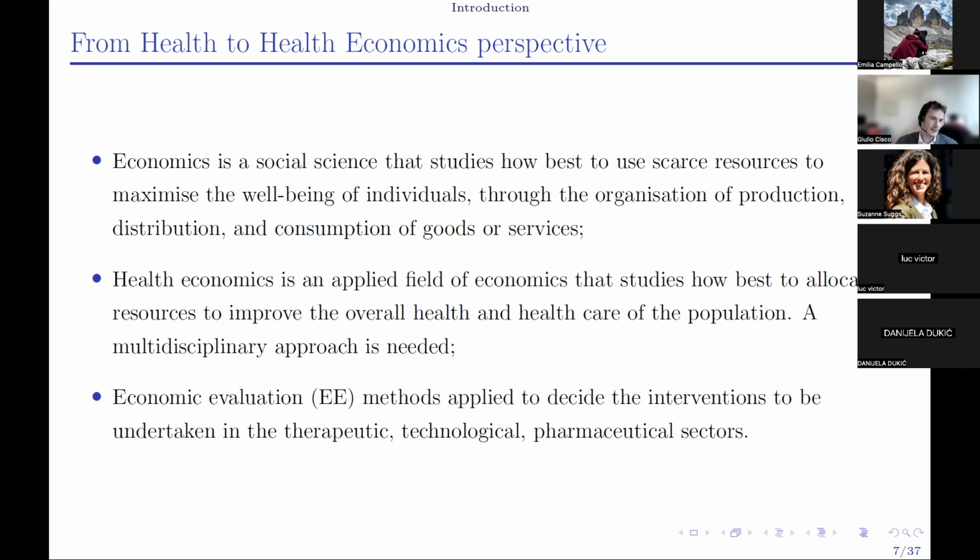And so that's why I will use this economic evaluation approach.